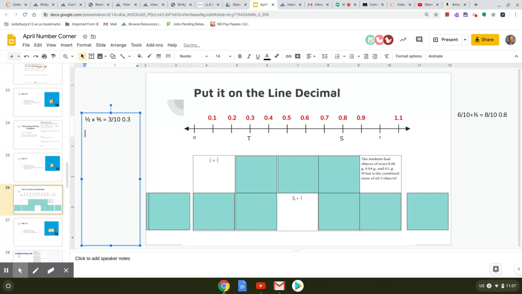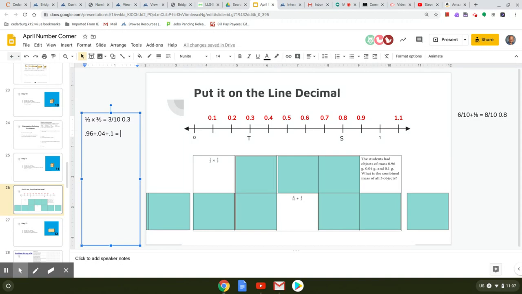I'm going to write the problem down here. And 0.1. Now remember, when we are adding decimals, we line our decimals up so that they line up first.